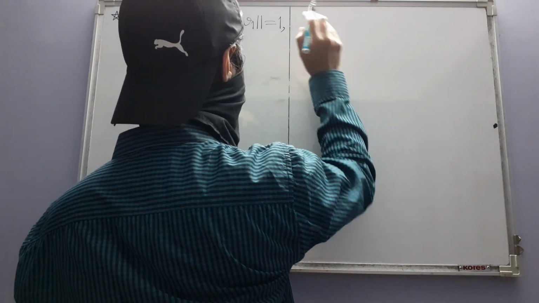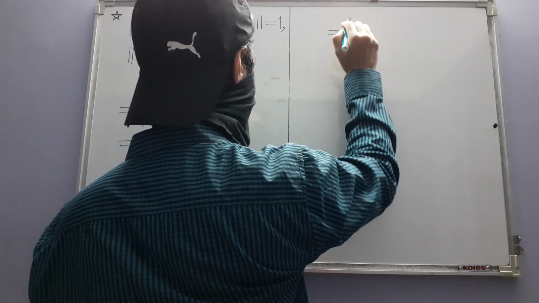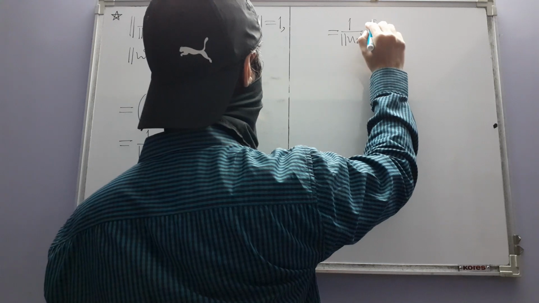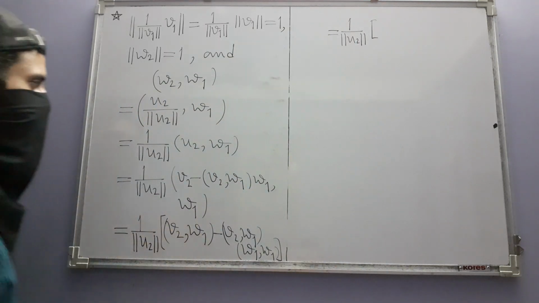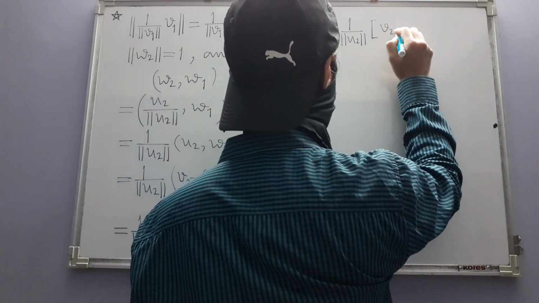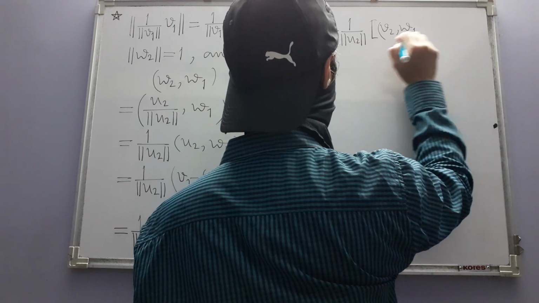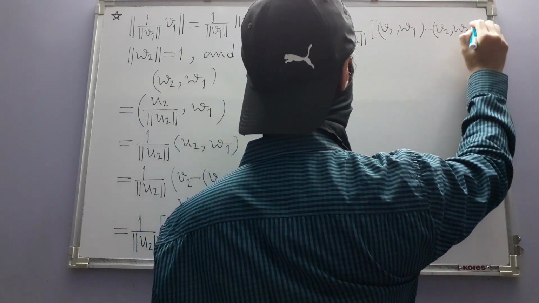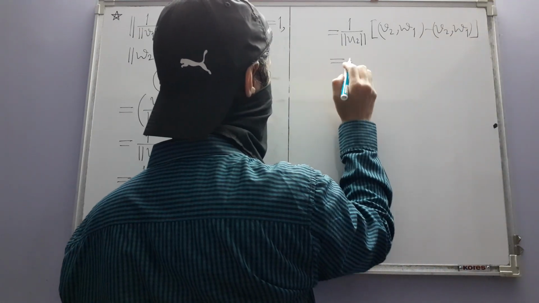So that means we have ⟨V2, W1⟩ minus ⟨V2, W1⟩, and that of course is 0.